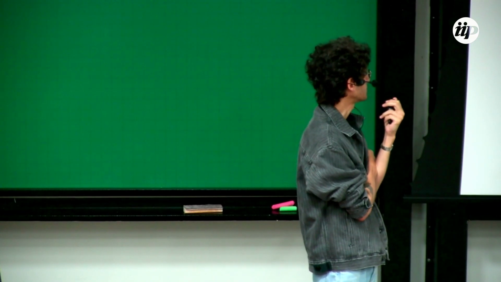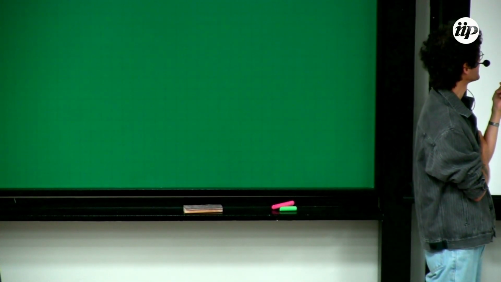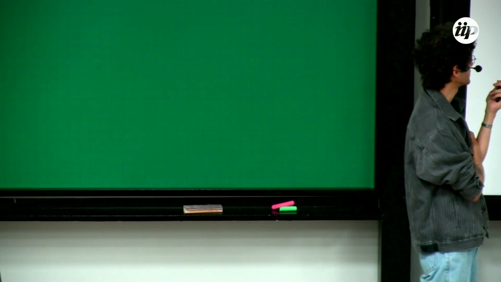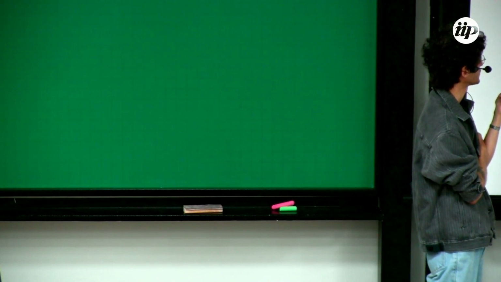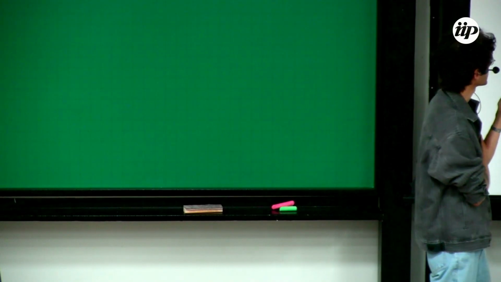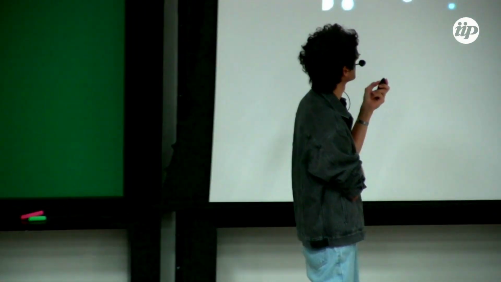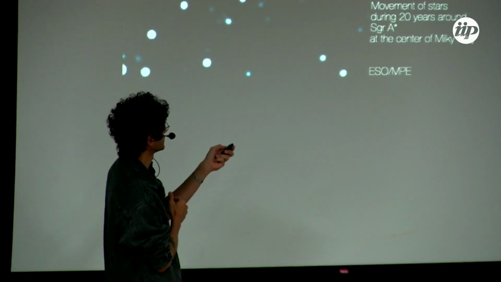Well, this is a GIF of some stars at the center of the Milky Way. People took pictures of these stars for 20 years and reconstructed the orbits. And if you plot the orbits of these stars, they look like that.